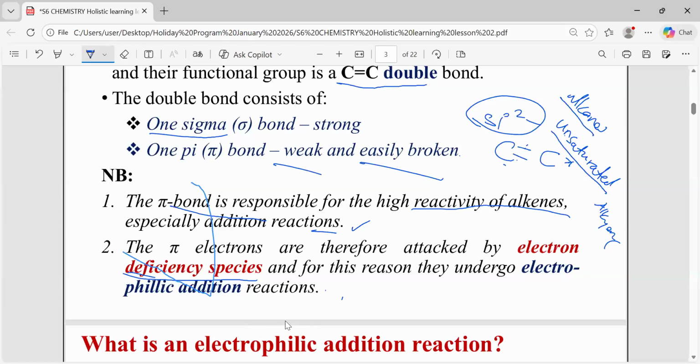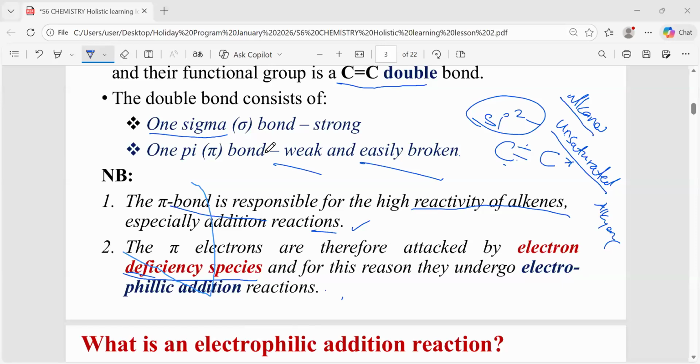Thank you very much. We shall see all those examples of electrophiles and nucleophiles. Who can first tell us what you understand by an electrophilic addition reaction? Because we are saying that alkenes undergo this kind of reaction, and before you go through it, we need to first understand what it is.